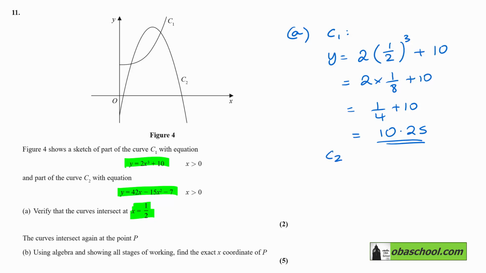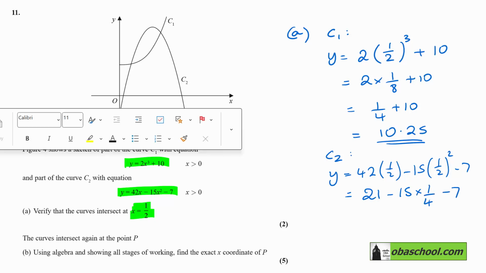Then we'll do the same for C2. Y is going to be 42 times a half, take away 15 times a half squared, take away 7. 42 times a half is 21. That's going to be 15 times 1/4, and then take away 7.